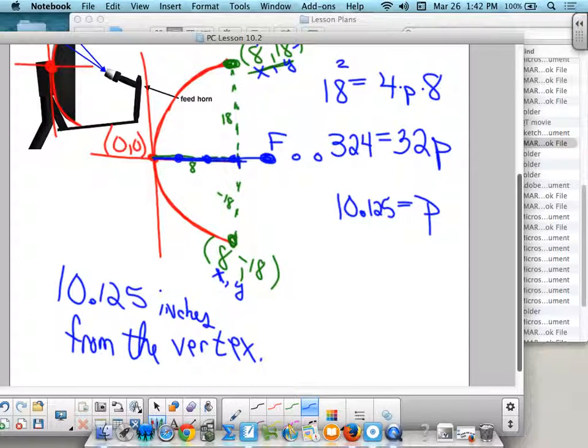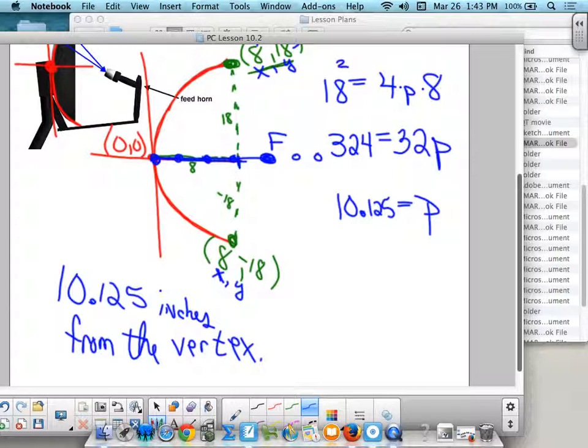Boom. There wasn't much to do here other than draw the picture, put the 8 and 18 on, then use the 8 and 18 to write the equation, and then once you write the equation, find the p-value. Once you find the p-value, slide over 10 inches, and just tell me the distance the focus is in comparison to the vertex.